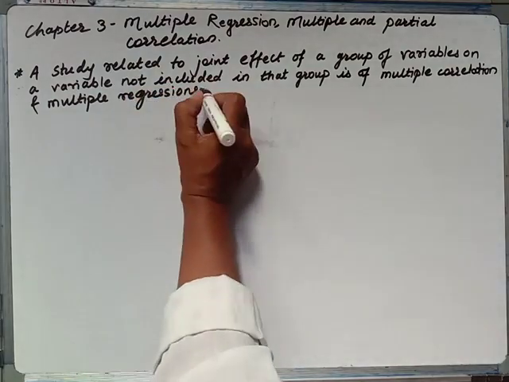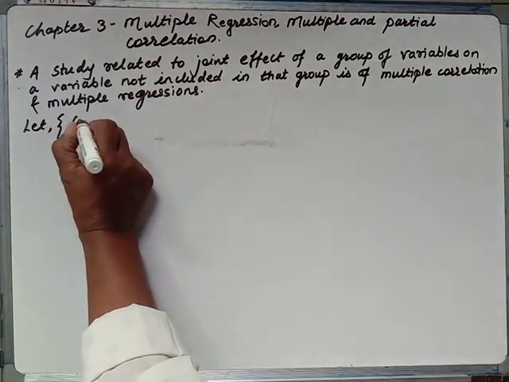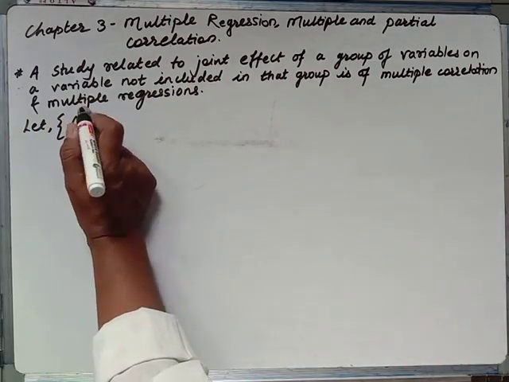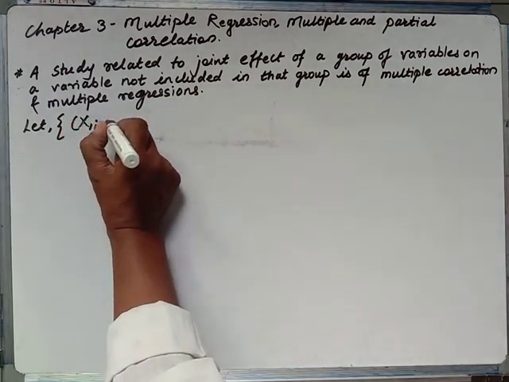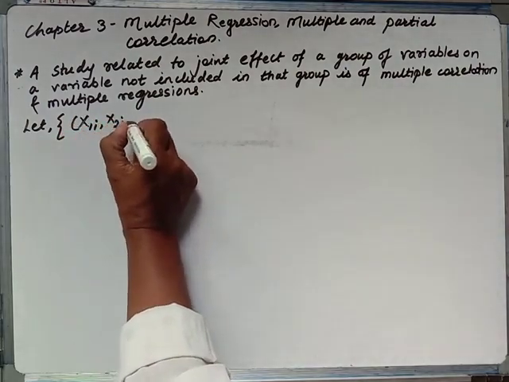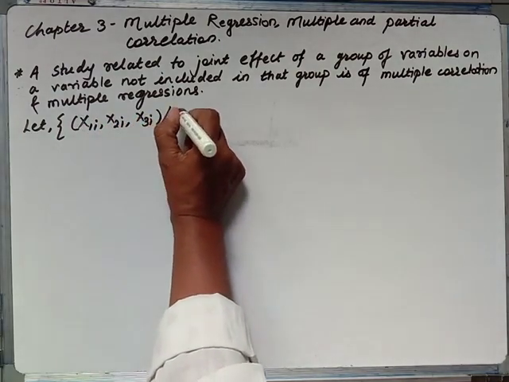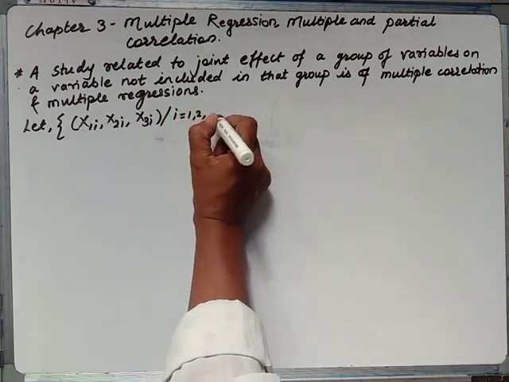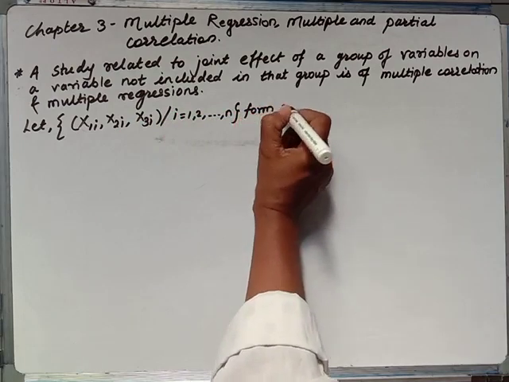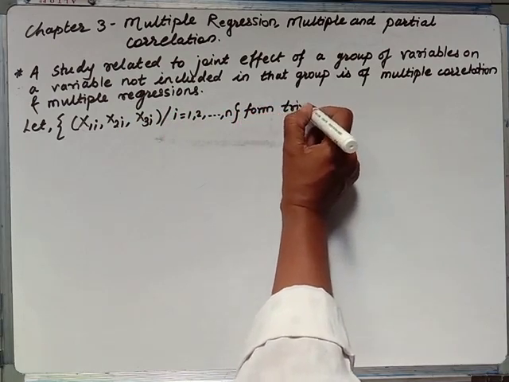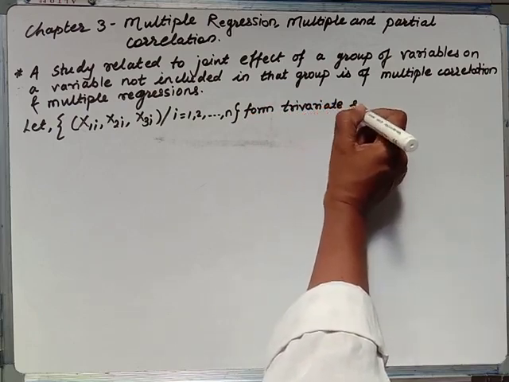Okay, now suppose x1i, x2i, x3i, such that i from 1 to n, form trivariate sample data.